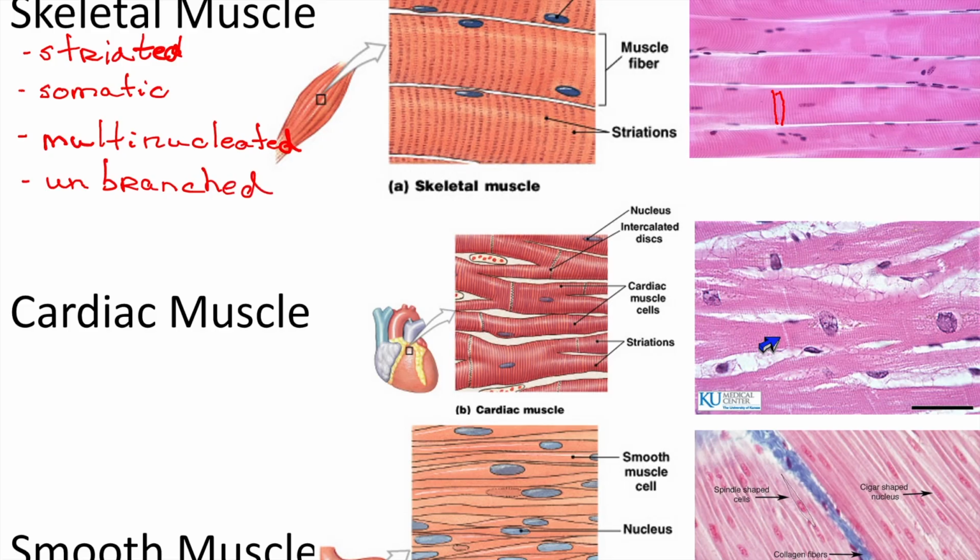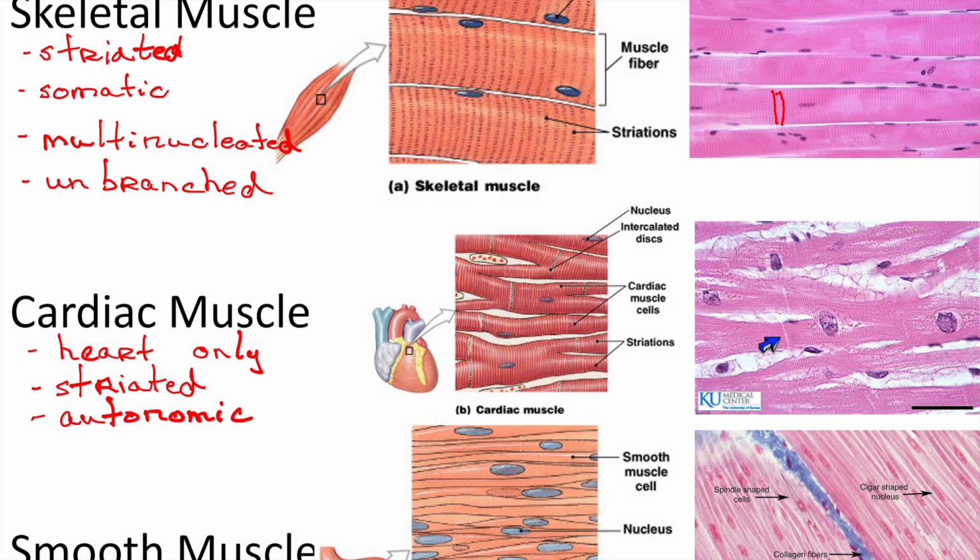Cardiac muscle, which is found in the heart only, is also striated but it's under autonomic control. It has 1 to 2 nuclei. And the fibers do branch.